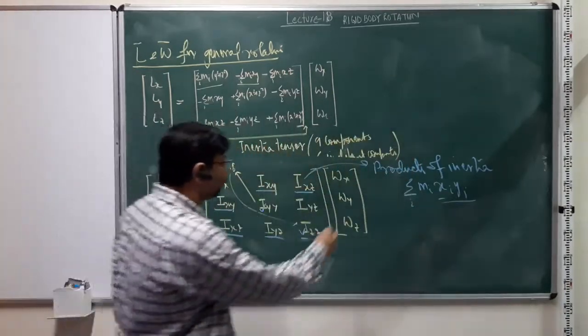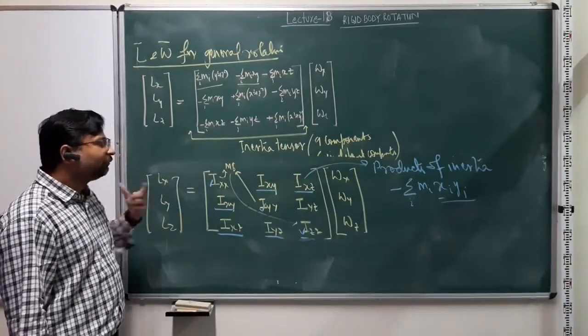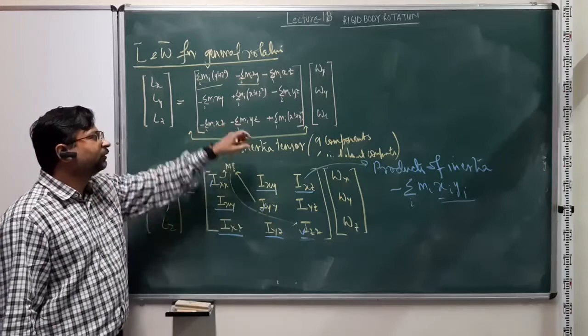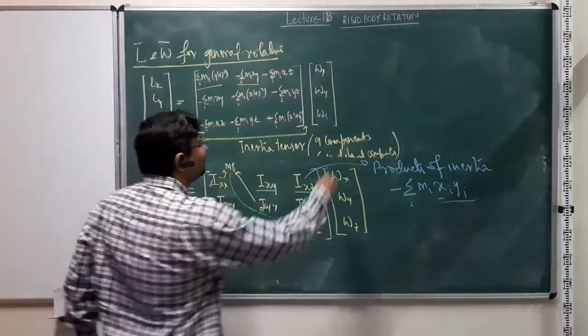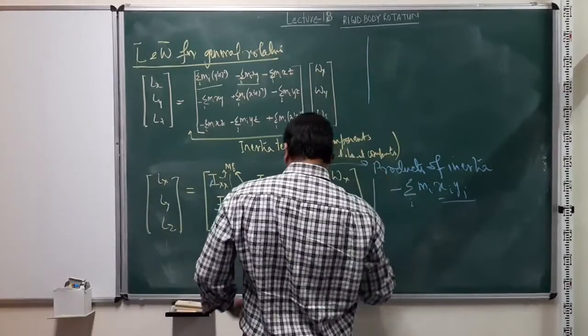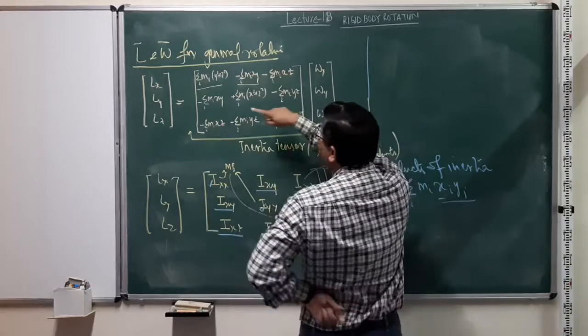So these are the product of inertia terms, and together with the moments of inertia and products of inertia, one finds the inertia tensor, using which we can now write down our sought after relation.